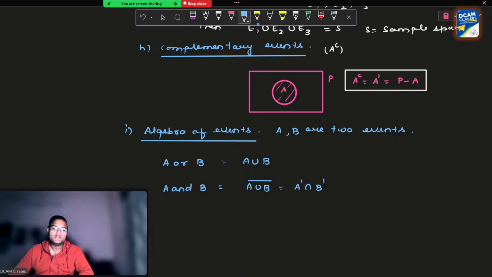What I would suggest is that if you are solving probability questions, this basic one, you should take the help of the Venn diagram that you have already learned.